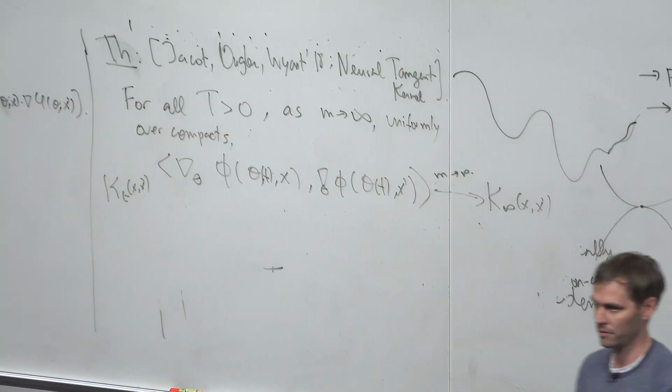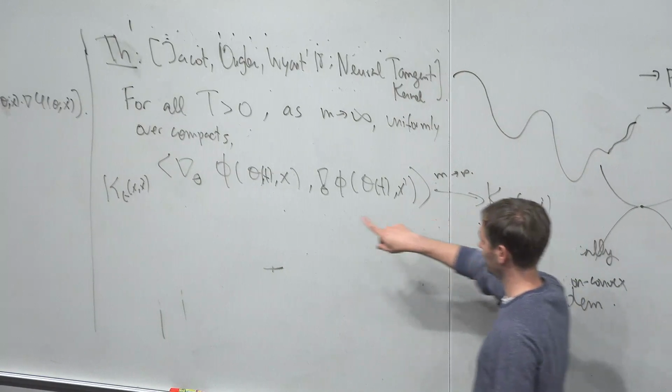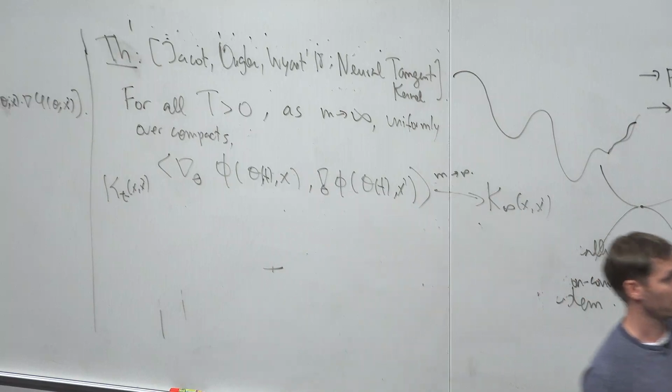So this is just the initialization. And then kt is the time derivative of the kernel? Kt is this object here.